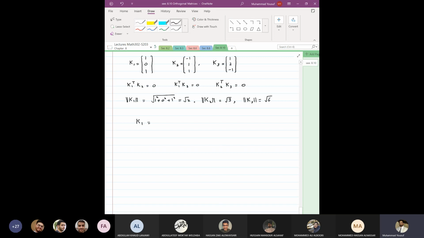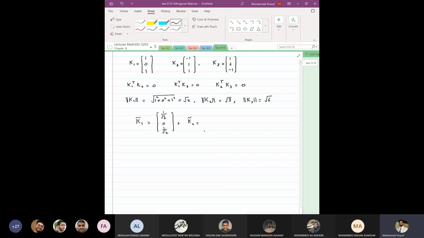So K1 tilde is 1 over square root 2, 0, and 1 over square root 2. This is also an eigenvector corresponding to the same eigenvalue.